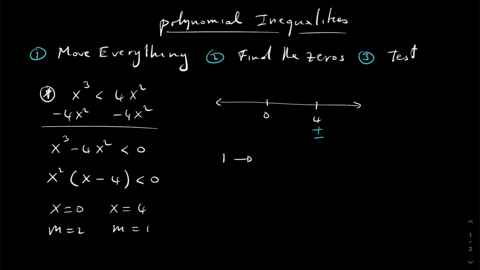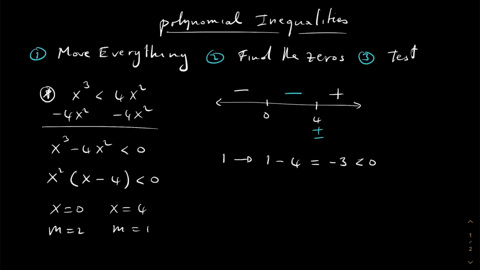So I'm going to have 1 cubed is 1, minus 4 times 1 squared, which happens to be negative 4. And so if you subtract these two, you're going to get negative 3, which happens to be negative. So I'm going to put a negative sign here in the region between 0 and 4. Finally, I can go ahead and put a negative after I pass 0 because the sign doesn't change. And I'm going to put a positive when I pass 4 because the sign does change.